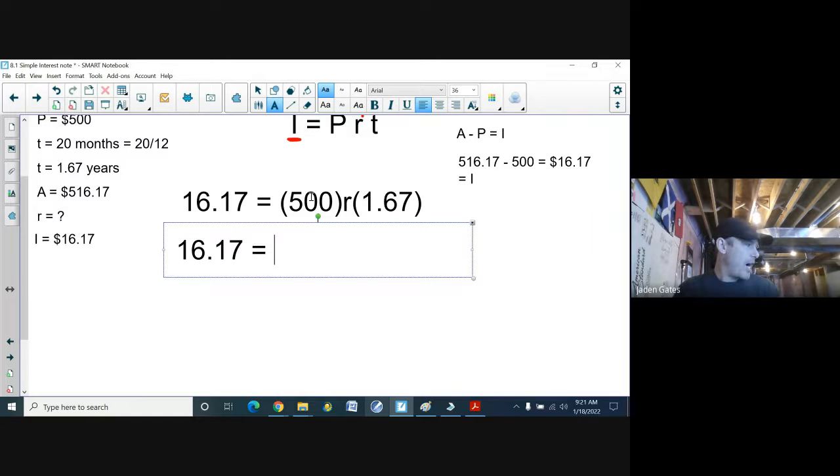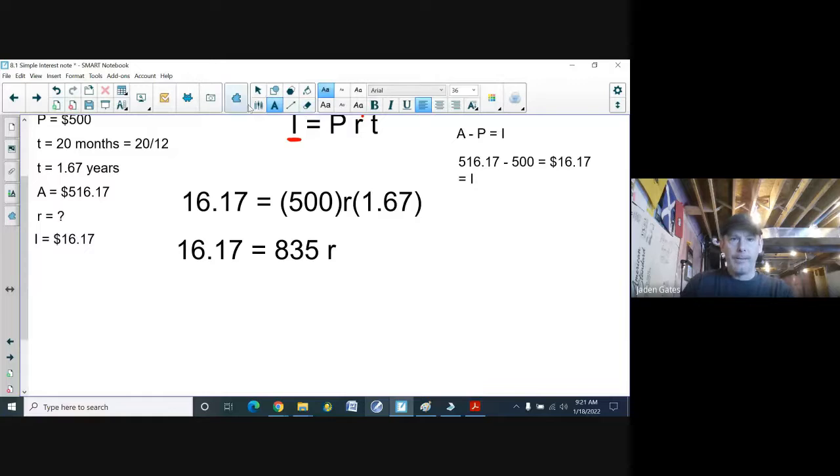So I'm going to take my 500 and multiply it by 1.67, and I end up with, no way, I'm going to try that again. Oops. 1.67 times 500. I do get 835, no decimals. And again, I have to multiply that by R. Now, my next step is I want to get R by itself because I want to find this rate. So I'm going to divide both sides by 835.